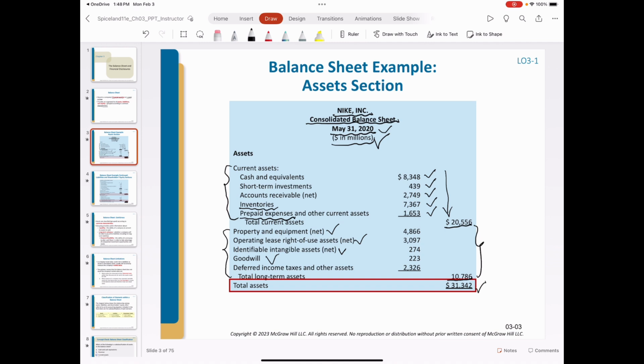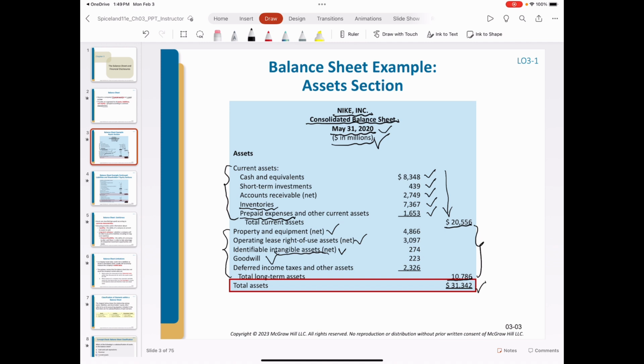Similar to property, plant, and equipment, which is subject to depreciation, these intangible assets are subject to amortization, which we will introduce later. Goodwill is an intangible asset from prior mergers and acquisitions.